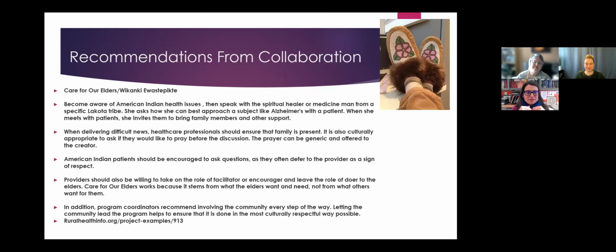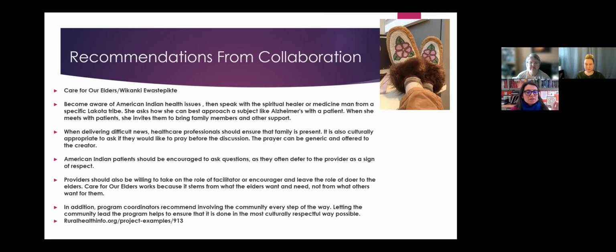Out of that collaboration, the Care for Our Elders project, we became aware that there's a preference to speak to elders, but also to familiarize yourself with practices such as this. So perhaps reading or exposing ourselves to knowledge about Indigenous Americans, and then speaking in person to a leader within those cultures.